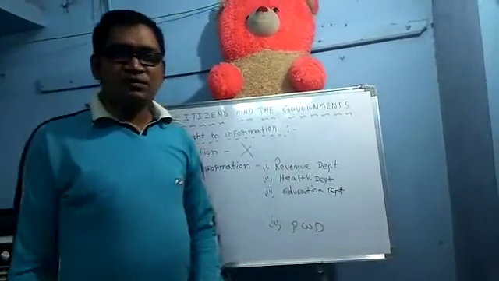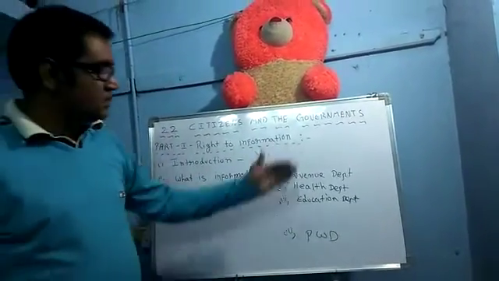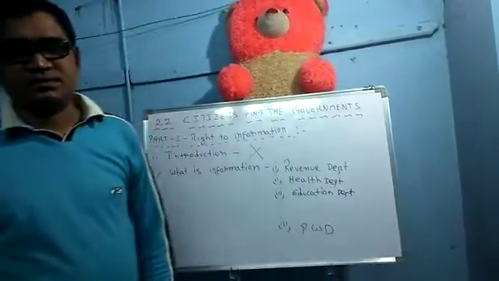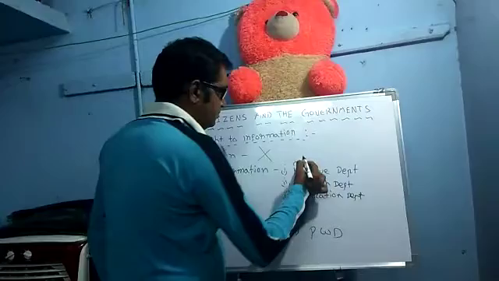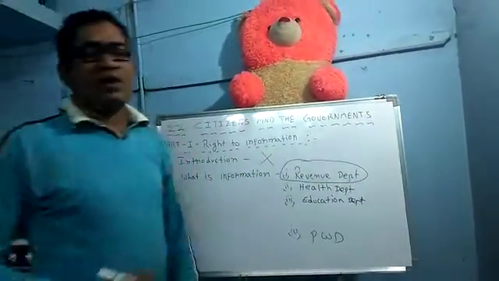Here, from the information point of view, this lesson has given 4 examples. Here, first, Revenue Department.